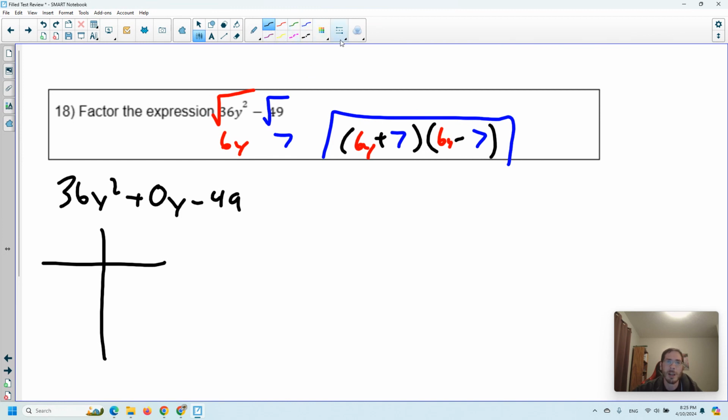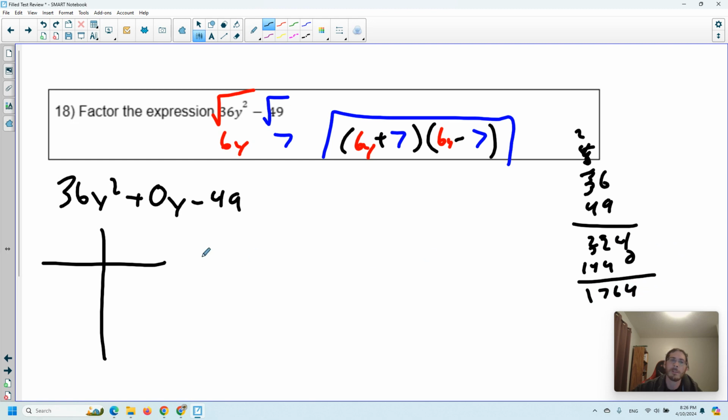This one might take a while, because if we have to do 36 times 49, 6 times 9 is 54, 9, 27, 3, 24, 4 times 6 is 24, 12, 14, so we get 1764. I need to find things that multiply to negative 1764 and add to 0.